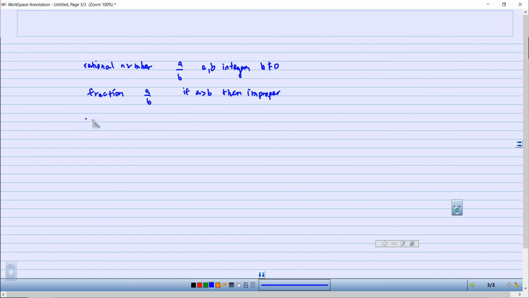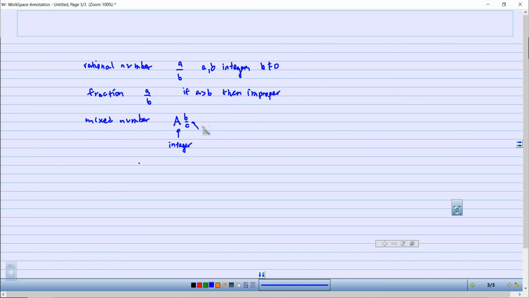We can also have a mixed number. A mixed number might be when we have something like this, where a is a whole number. Actually, a for a rational number could be an integer, so we'll throw that sign on there.